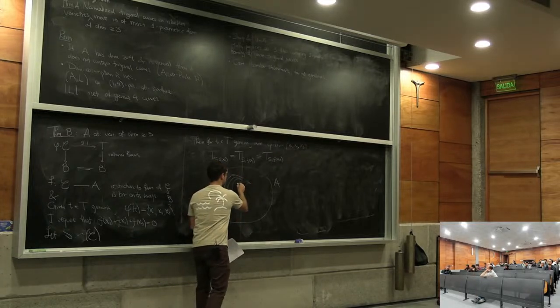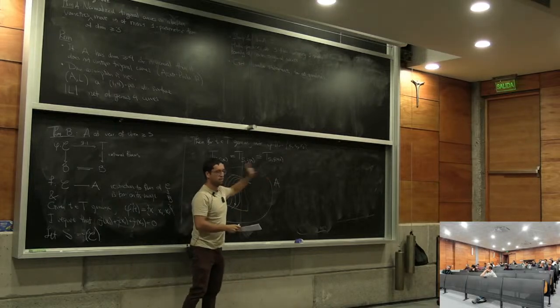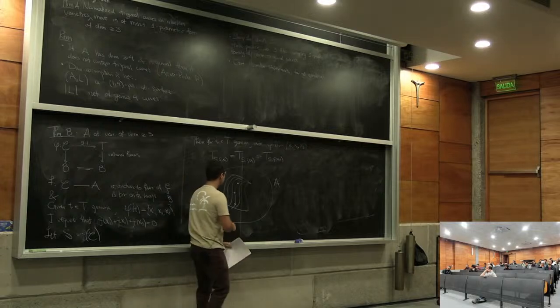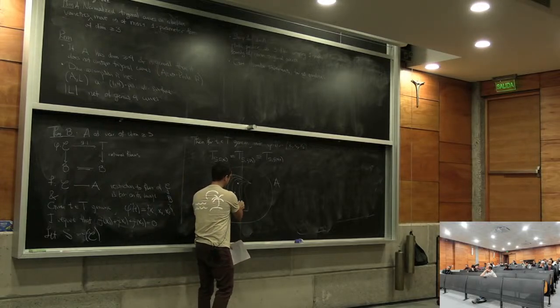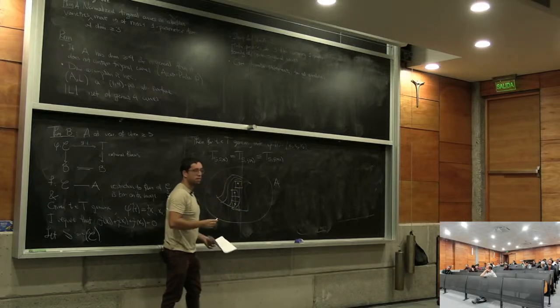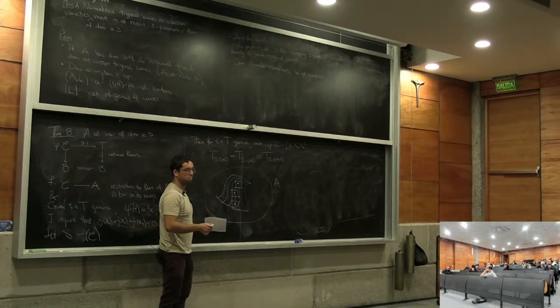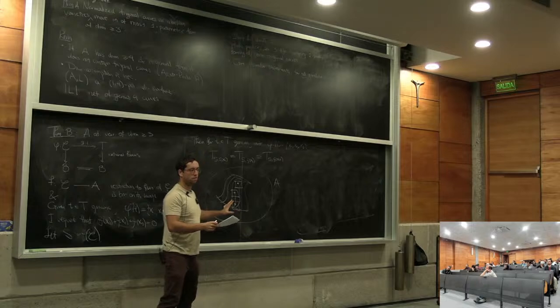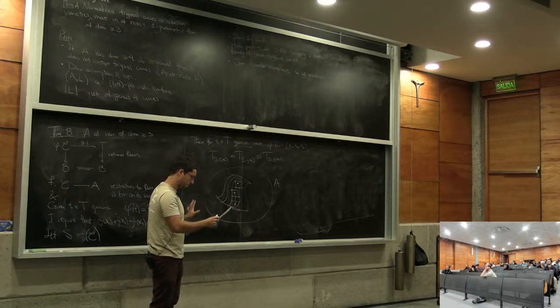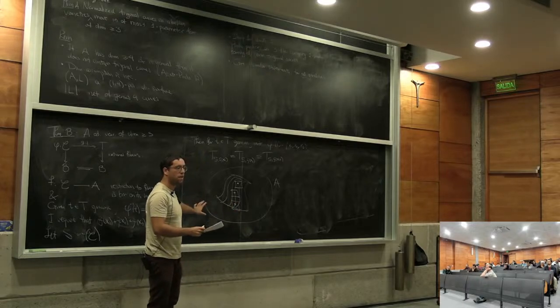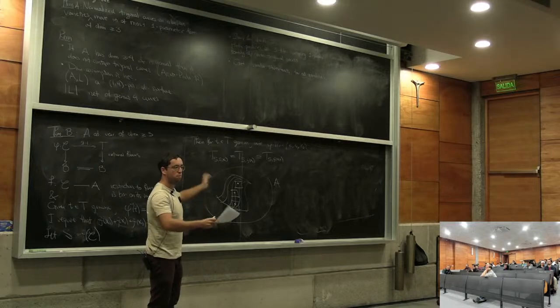So I pick 3 points like this that map to the same thing by the map to P1. Those are my x1, x2, x3. What I'm saying is that I have the tangent spaces to the surface at these 3 points, and the 3 tangent spaces are the same. And this is very strange. I mean, this is quite odd, and certainly not something that you would expect to happen from a random surface inside of an abelian variety.